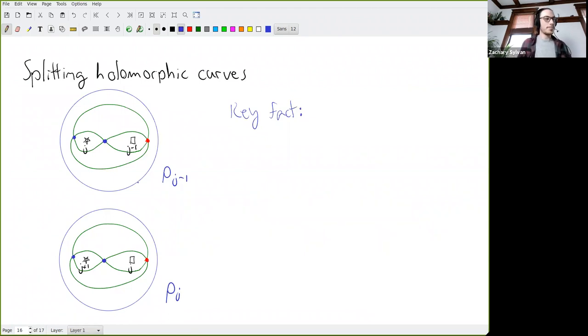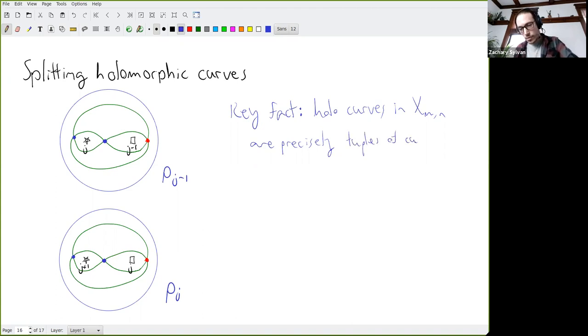And so the key fact is that holomorphic curves in XMN are precisely tuples of curves, one for each coordinate, with simultaneous incidence conditions.